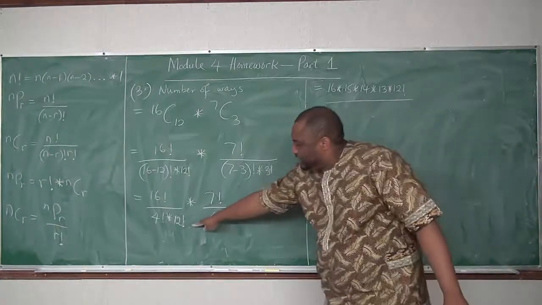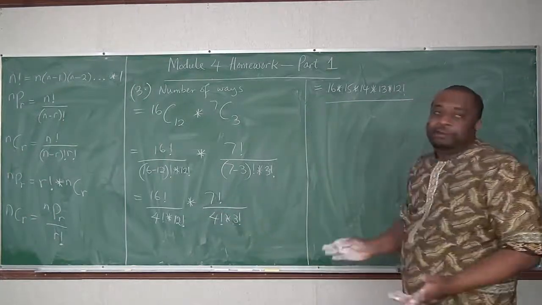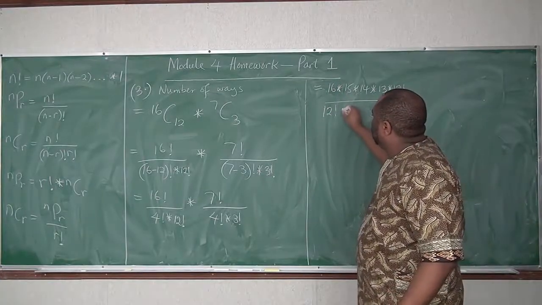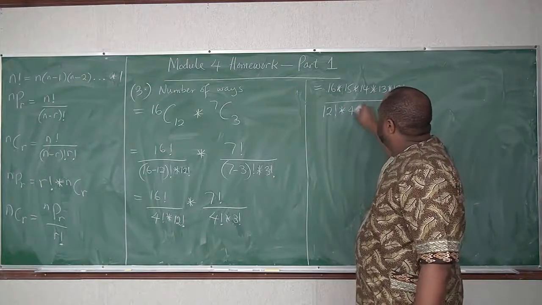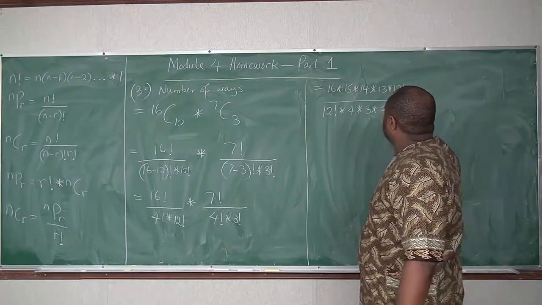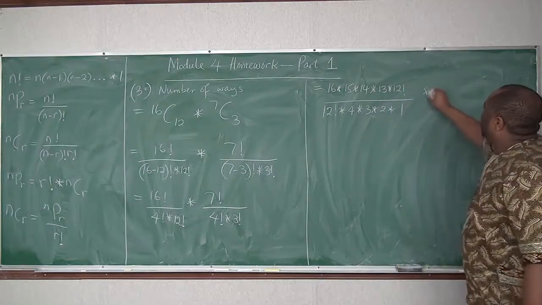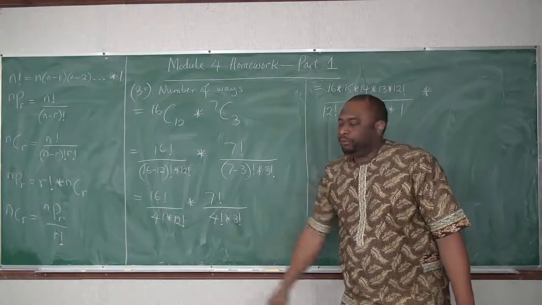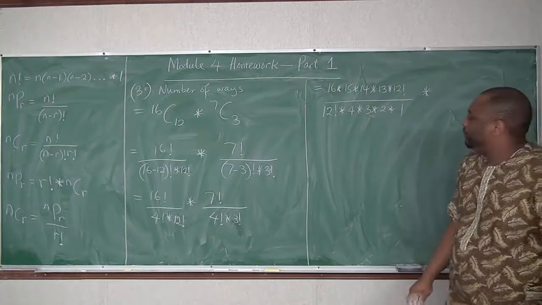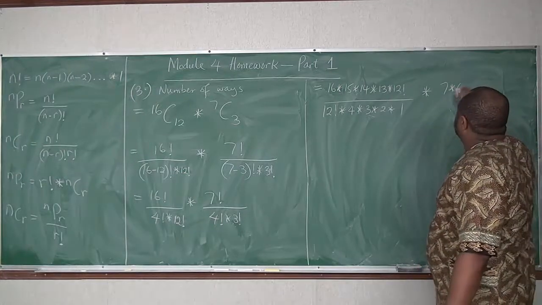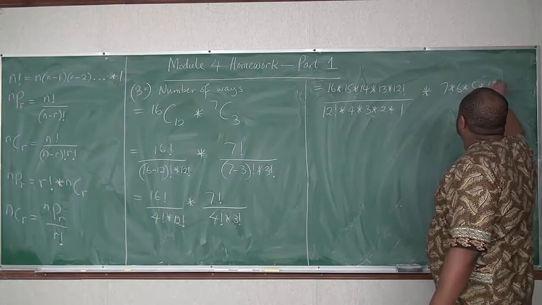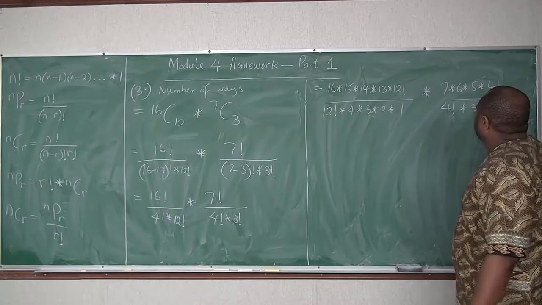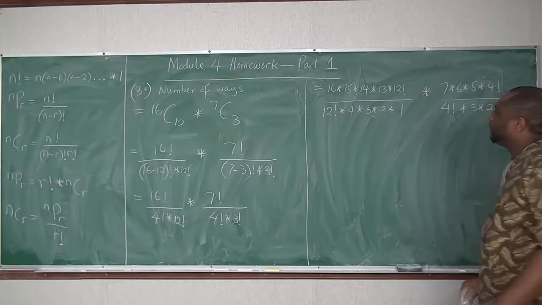The highest here is 12 factorial, so I stop at 12 factorial because it will cross out anyway. So I write 12 factorial, then times 4 times 3 times 2 times 1, then times 7 factorial. The highest here is 4 factorial, so I will stop at 4 factorial. So this is 7 times 6 times 5 times 4 factorial all over 4 factorial times 3 times 2 times 1.